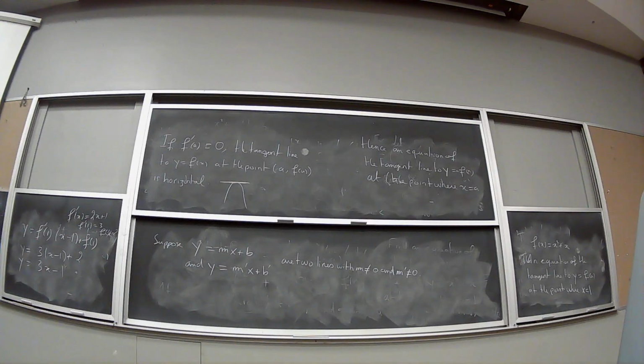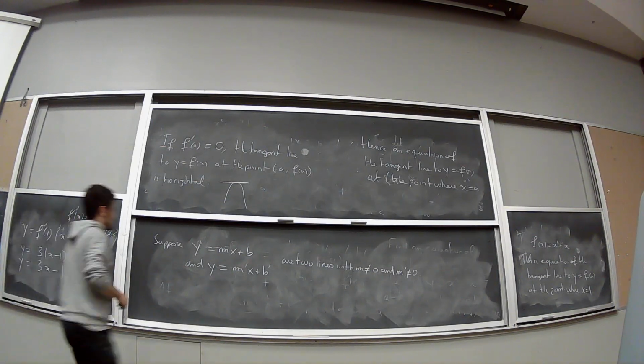What can I say? These two lines are perpendicular if and only if what? Their slopes, the product of the slopes is -1.